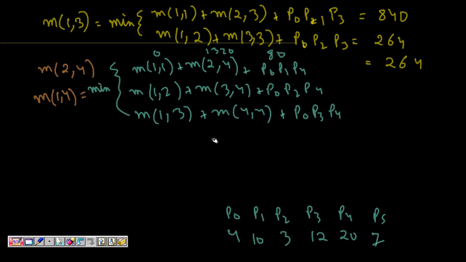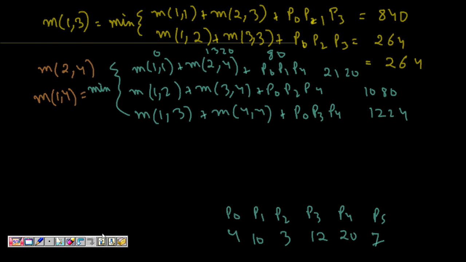We calculate all these and find that for 1,4 the values come out to be 1224, then 1080, and the last one is 2120. Which is the minimum? 1080.